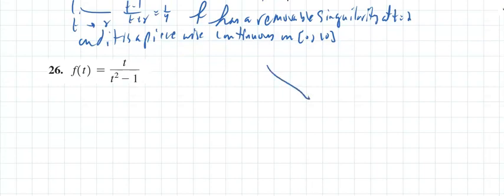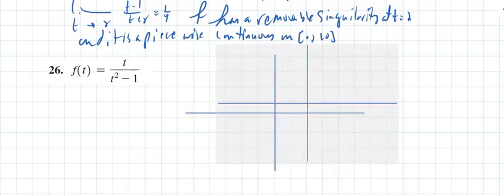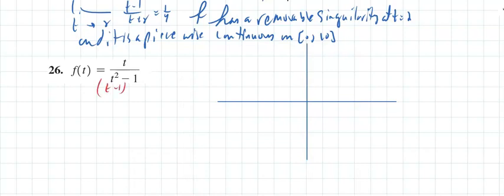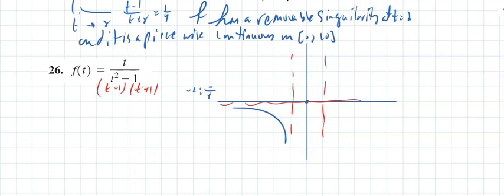If I look at the graph of this, so if I pick a point to the left of negative 1, say negative 2, that is negative over a positive, that's a negative, and say negative 1/2, that's negative over a negative, which is a positive, positive 1/2, and if I pick 2, that's what the graph looks like.